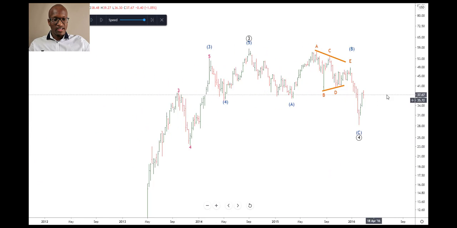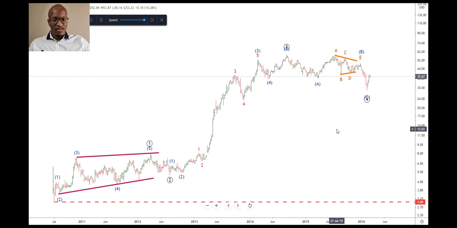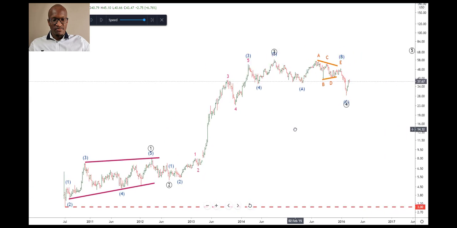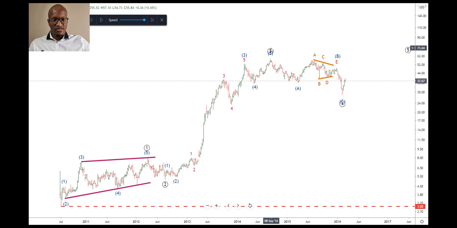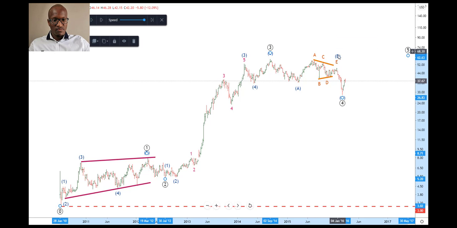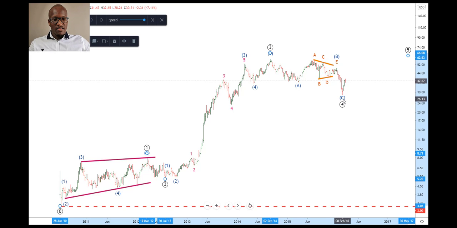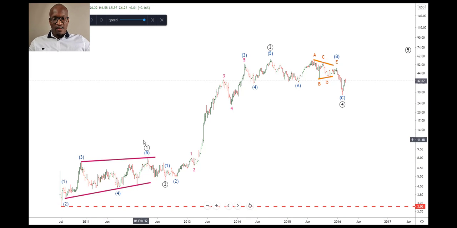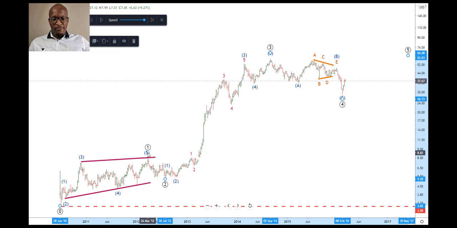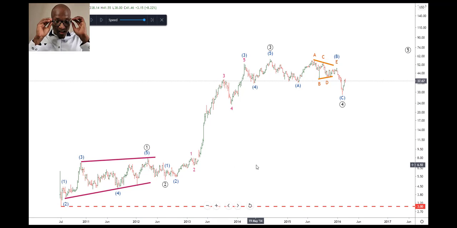So if we just zoom in again, okay, and if we just tidy it up a bit, now going into wave 5 can take the form of two patterns, either an impulse or an ending diagonal.